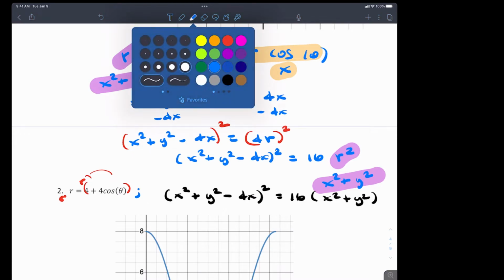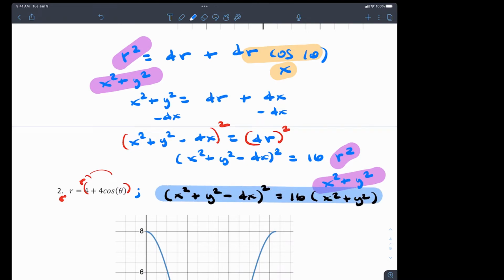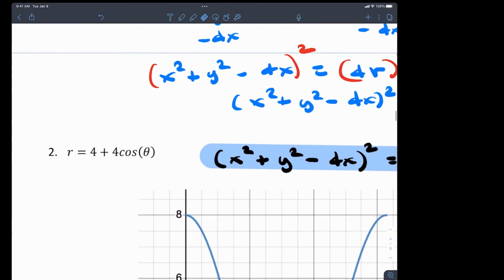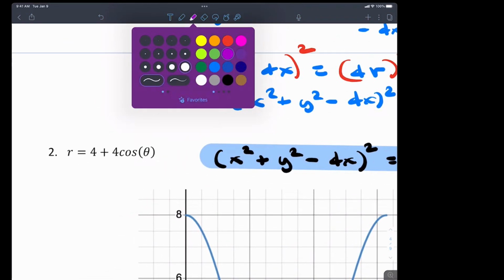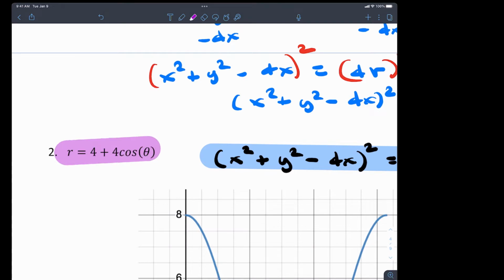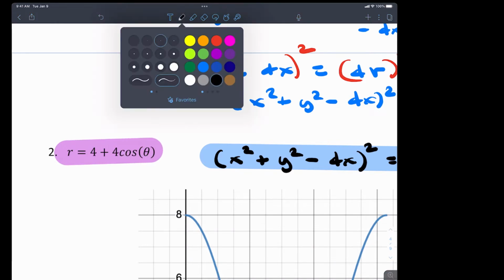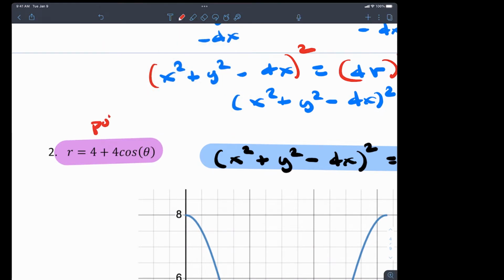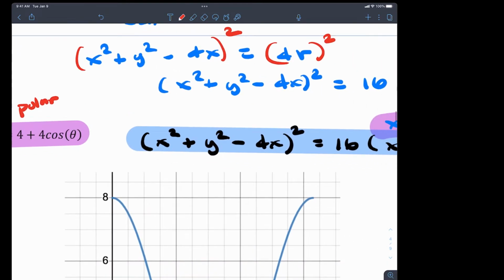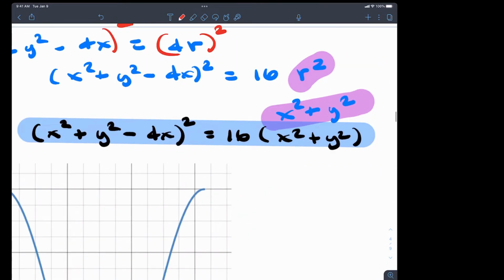That, ladies and gentlemen, is the Cartesian coordinate version of what you guys are looking at here, this cardioid, or this polar curve. Remember, I think polar we did in purple or something like that, or pink. But notice again, this is the polar curve, and this is the equivalent rectangular curve.